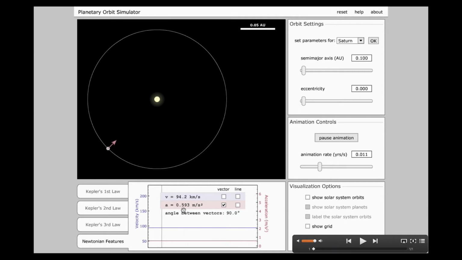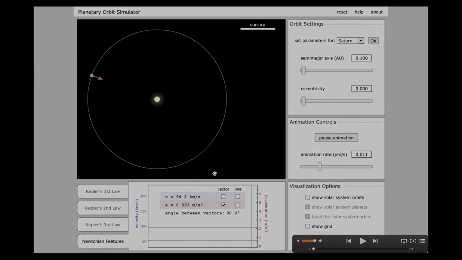This is now a factor of 100 greater than the centripetal acceleration for something that is 10 times farther out. Again, you're seeing this 1 over r squared relationship between the distance of an object from the sun and the acceleration due to some mysterious force.